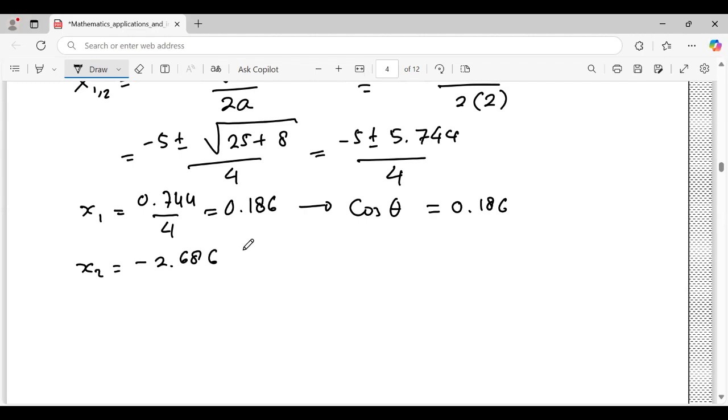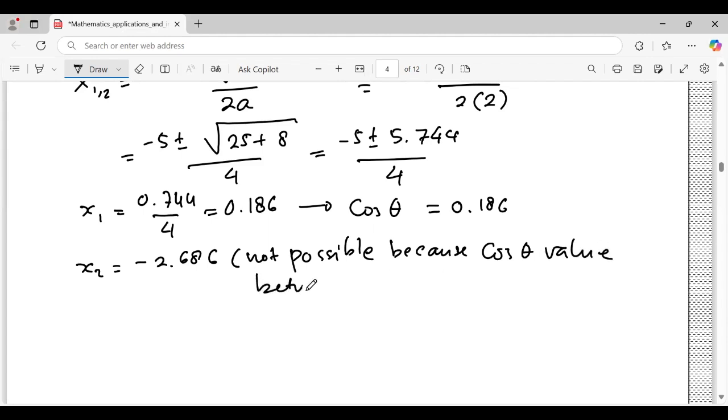So this is not possible, because cosine theta value is between minus 1 and 1. So we are not using this result, only this one.